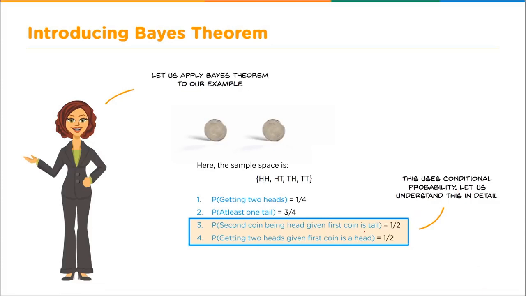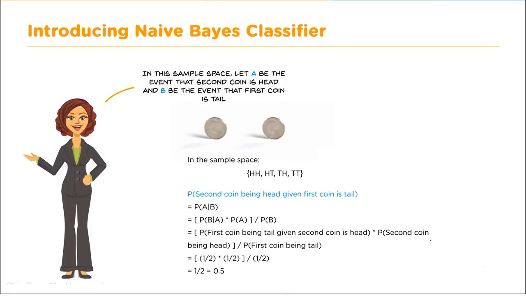As per the previous slides, the second coin being head given the first coin is tail is 1 upon 2, and getting two heads given the first coin is head is again 1 upon 2. These two probabilities are the conditional probabilities we got from the previous explanation.